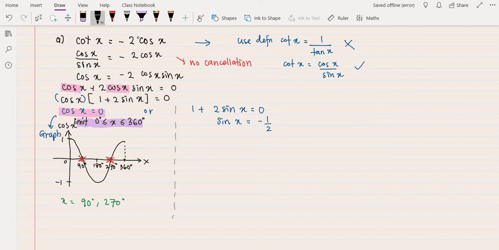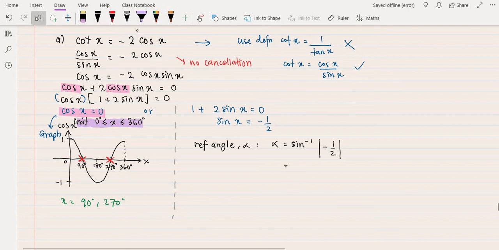And then for this part, we cannot use graph because we have sine x is equal to negative 1 over 2. So this one we need to find our reference angle. So for reference angle, which is alpha, we will get using the formula alpha is equal to arcsine of absolute value of negative 1 over 2. You can also change that into decimals. And the calculator will tell us alpha is actually 30 degrees.